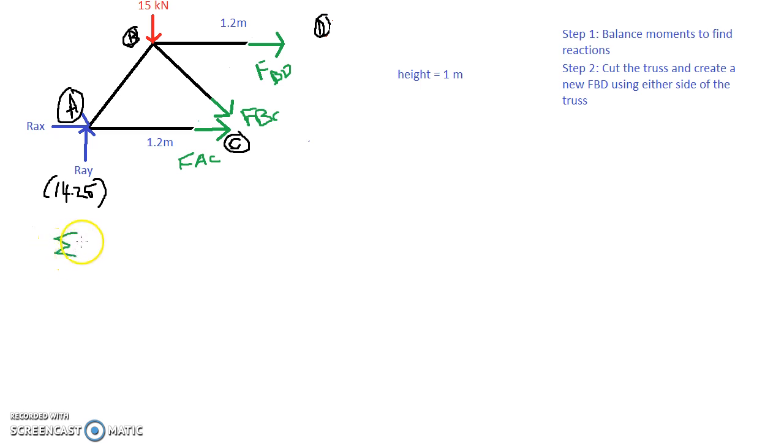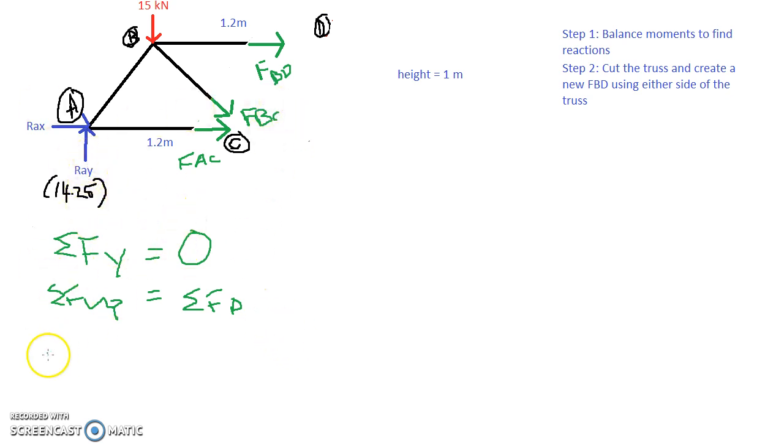We've got the sum of the forces in the y direction must equal 0. So for this free body diagram, the sum of the forces in the y direction must equal 0. So the sum of the forces up equals the sum of the forces down. All right.